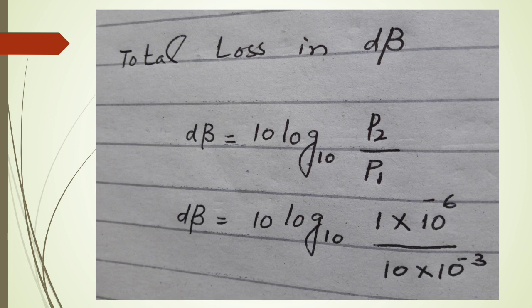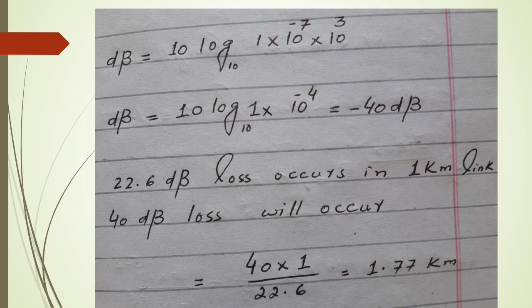So the total loss will be equal to 10 log of P2 by P1, where P2 is 1 microwatt and P1 is 10 milliwatt. So we put the values of P2 and P1 in the second last equation. So the total loss in the coaxial cable is 40 dB.